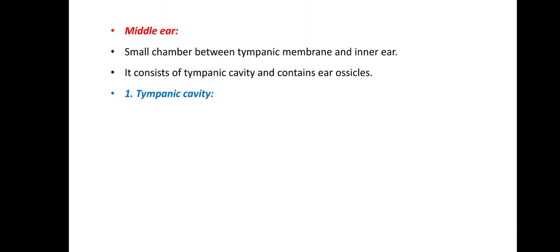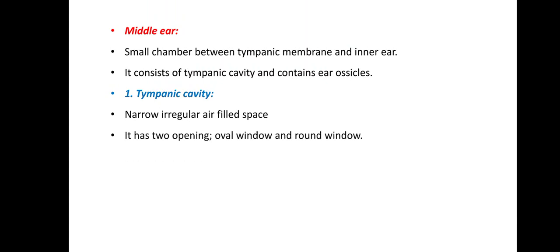Now what is the tympanic cavity? Middle ear consists of a cavity which is known as the tympanic cavity. The tympanic cavity is a narrow, irregular air-filled space in the temporal bone. It has two openings. One is the oval window and another one is the round window.